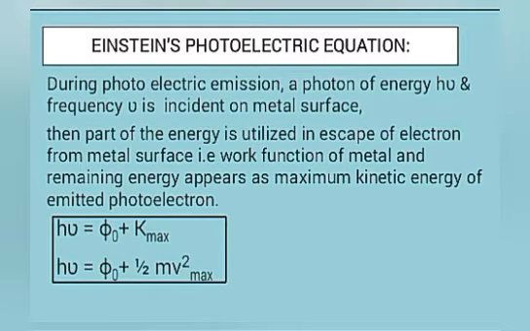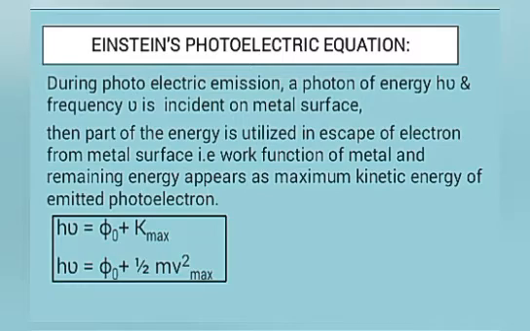First, in escape of the electron from the metal surface, that is the work function of the metal, or to overcome the attractive force of the ions. And the remaining part of energy appears as maximum kinetic energy of photoelectrons.